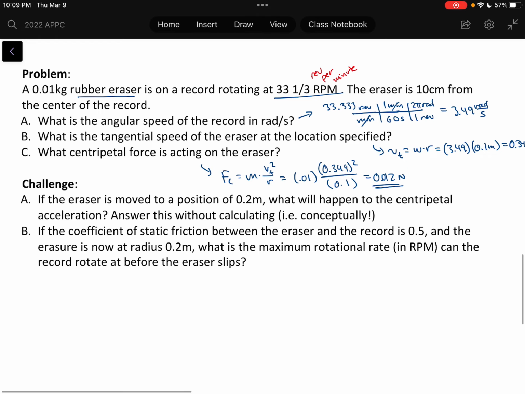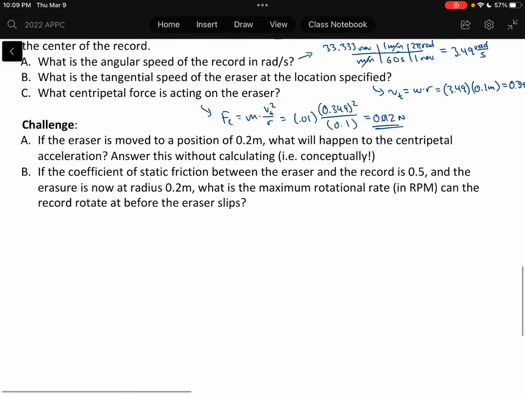We'd already kind of done that, but now we get to the good one. Part A of the challenge question. What will happen to the centripetal acceleration if we move the same eraser to a position of 0.2 meters from the center of the circle? A lot of people will think, okay, centripetal acceleration is tangential velocity squared over radius.